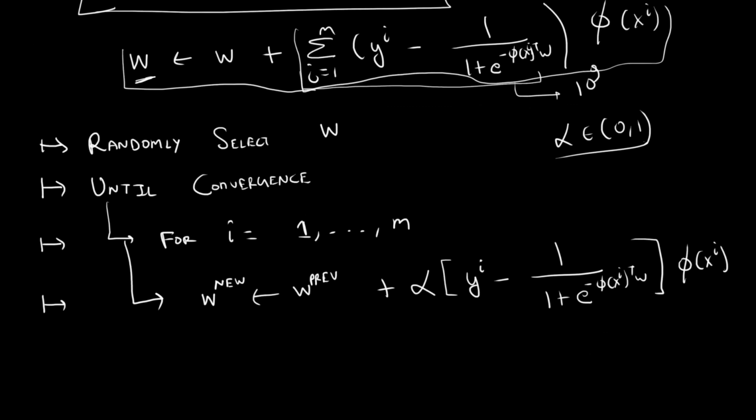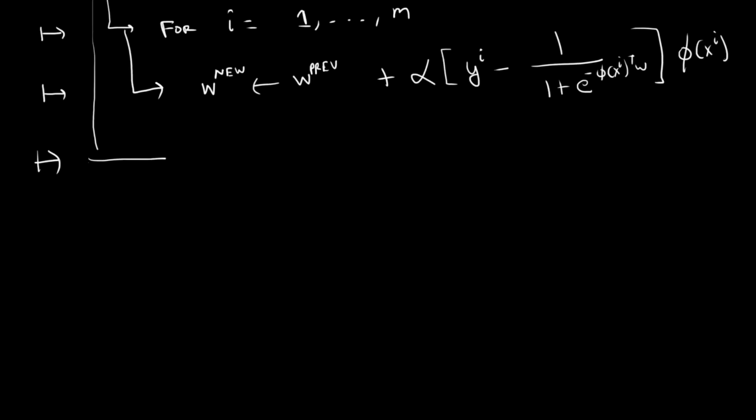We do this until some convergence condition is achieved. After doing these continuous updates over all the data points until convergence, we achieve w star, the optimal w, which is the maximum likelihood estimate of the parameters.